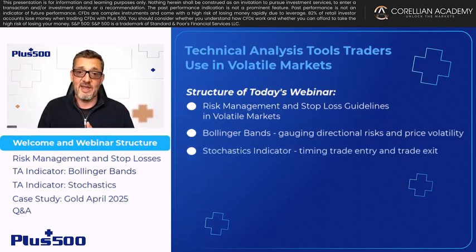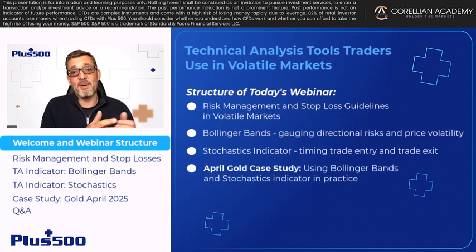I'll then move on to discuss how an indicator that is on your Plus500 platform called the Stochastics can be utilized to help trade entry and trade exit. And then I'll finish by looking back at a case study of gold from April and outline how we could have applied these techniques to trading this popular CFD by combining the two indicators to aid decision-making within increasingly volatile conditions. Okay, let's get started.